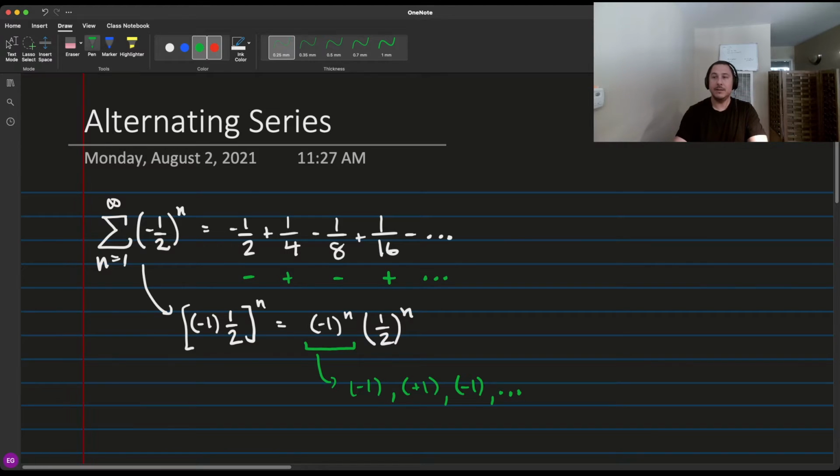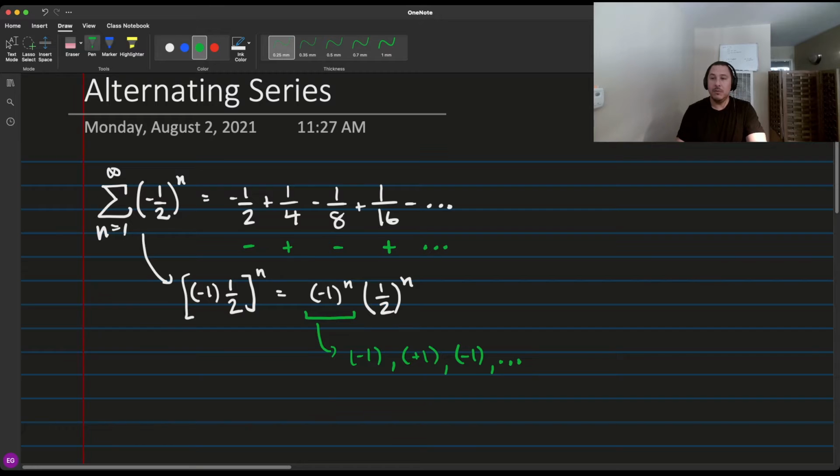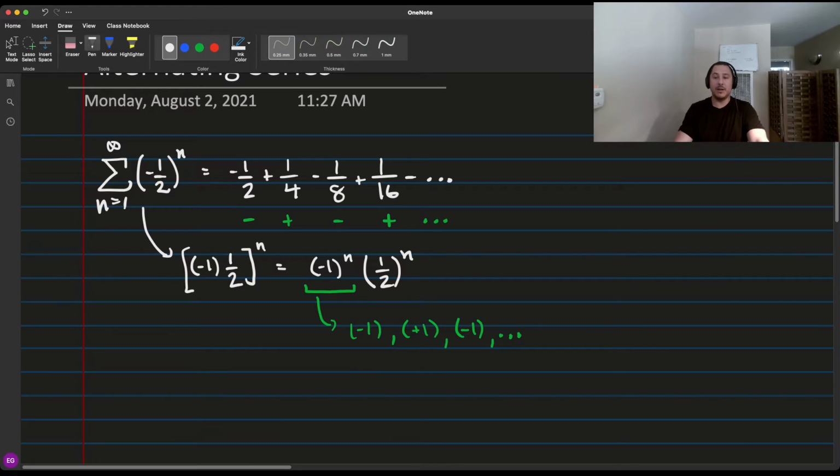So we say that all alternating series can be rewritten to look like this: (-1)^n times some b_n, where the b_n's are all positive.